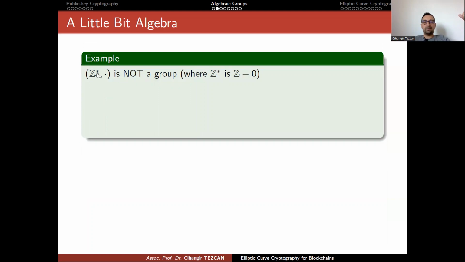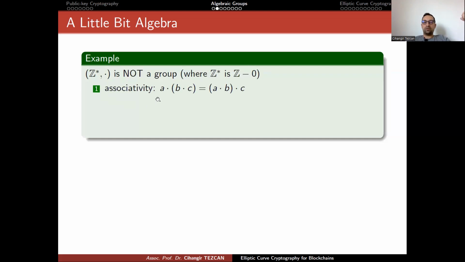Think about Z star. By Z star, we mean Z minus the 0. Because we will talk about multiplication, and something divided by 0 is undefined. So this is why we eliminate 0 here. And as a group operation, we choose multiplication. Now let's see if this is a group.